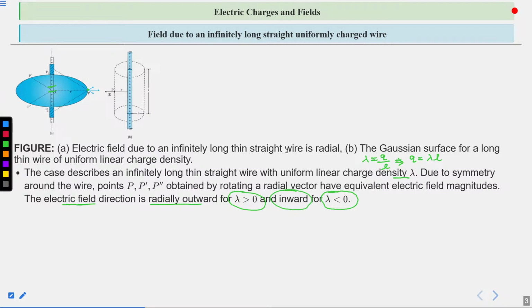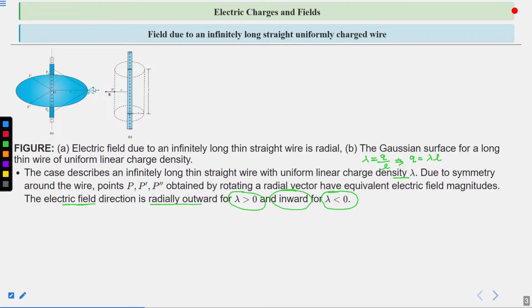How can we understand radially inward and radially outward? From point O towards point P, it is radially outward.